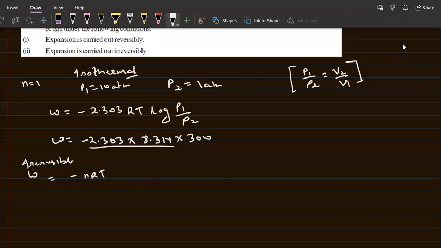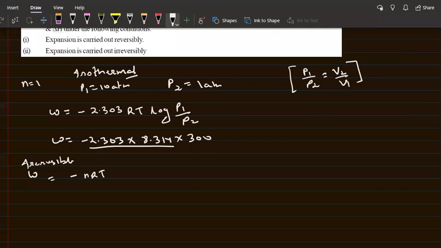Just tell me, P delta V, right? P delta V. So V can be written in terms of pressure, yes or no? Very good. Now this you have to remember.